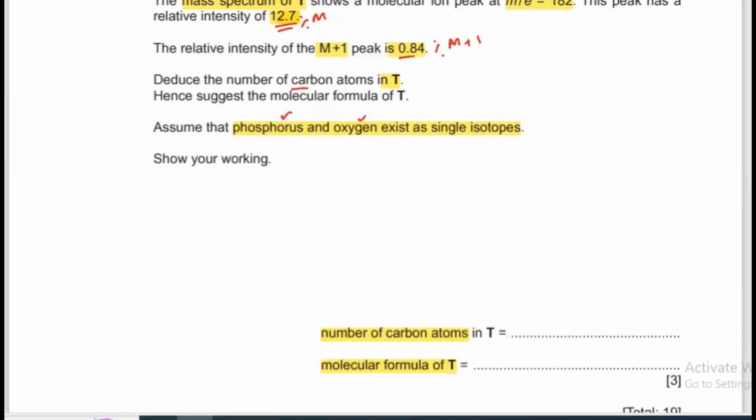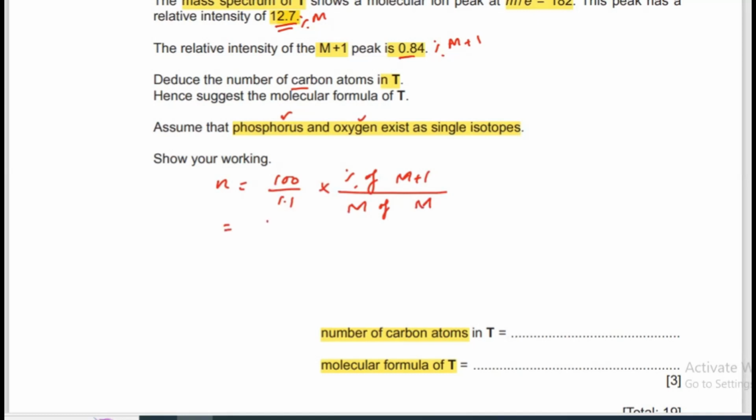Now, if you want to find out the number of carbon atoms, there's a formula which can be used. So N is 100 over 1.1 times the percentage of the M plus 1 peak over the percentage of the M peak.